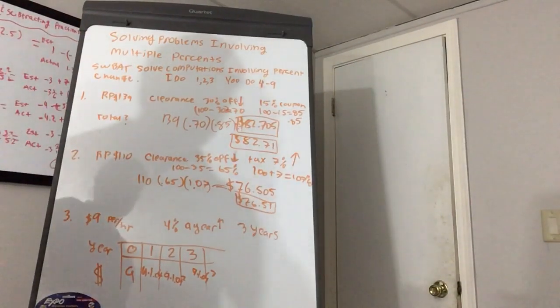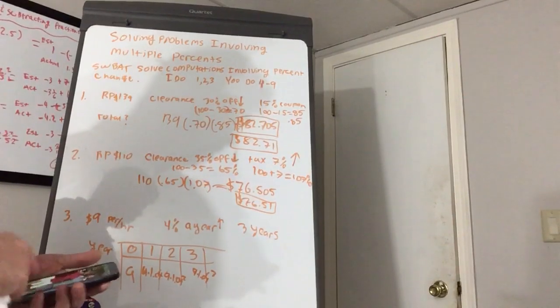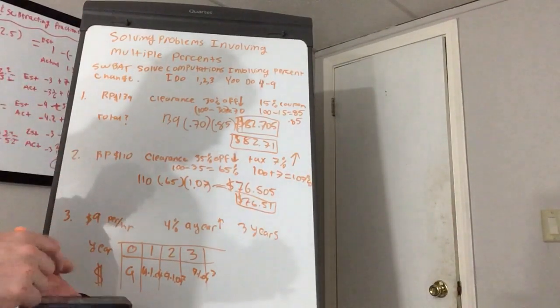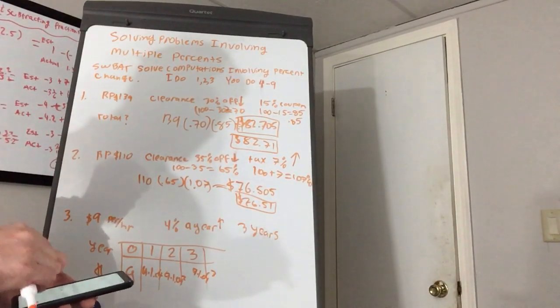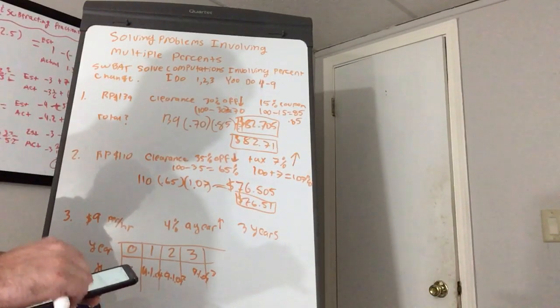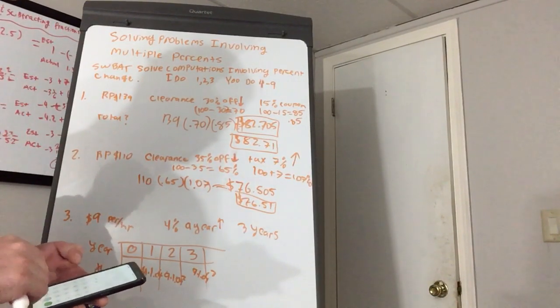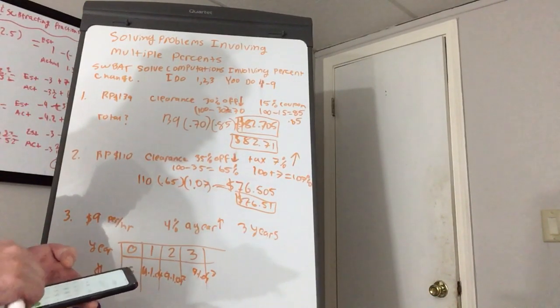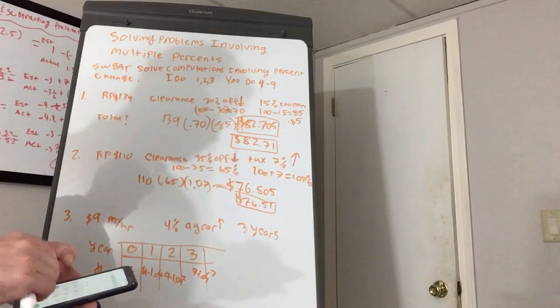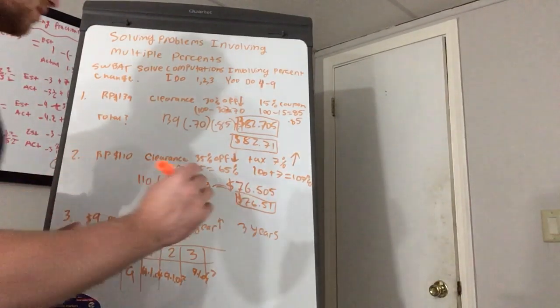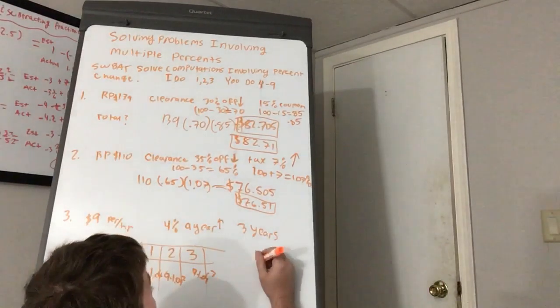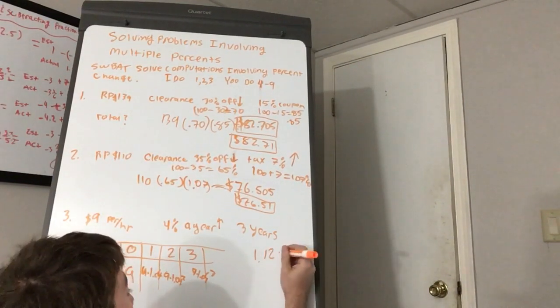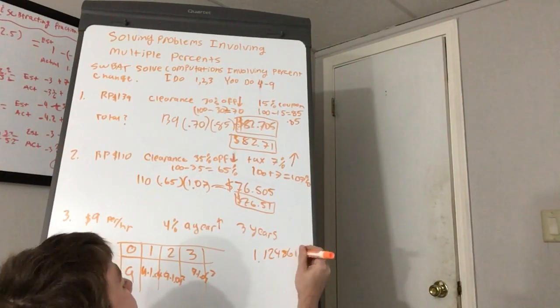I hope you guys understand. If you don't get this part, please ask me. But what you're going to do is take 9. So I would do 1.04 times 1.04 times 1.04. And you end up with 1.124864.